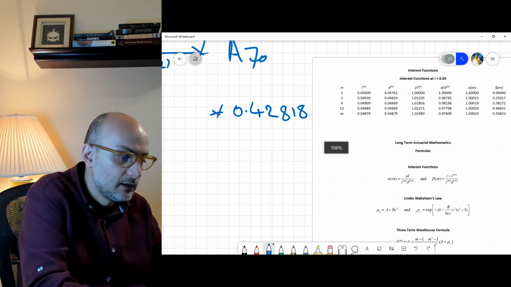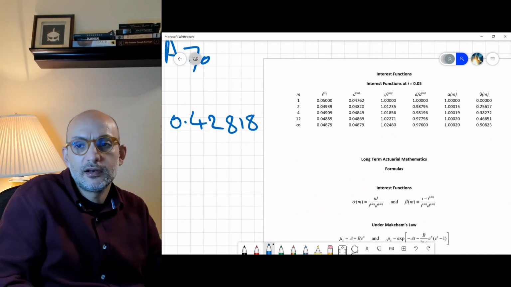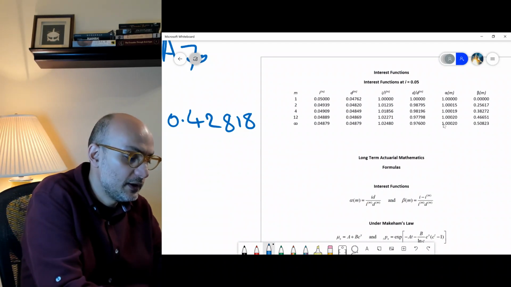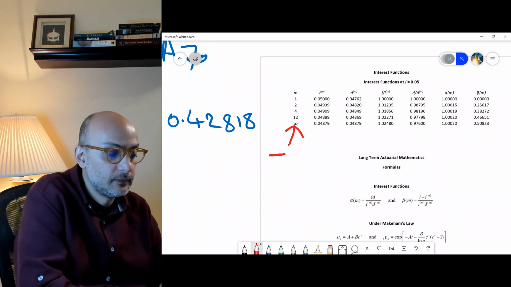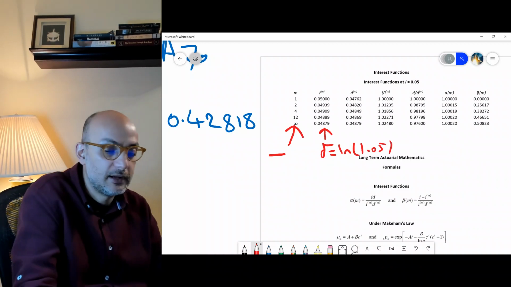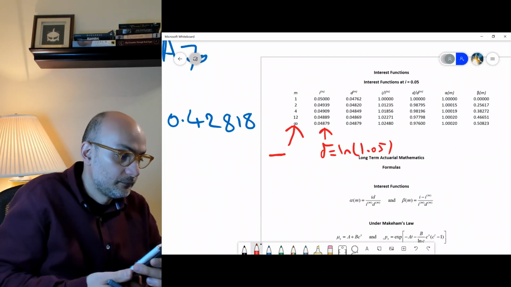Let me get it a little bit bigger. What you see here is they also give you the interest function for m different periods. This one here is the continuous case, so i^(m) here is actually delta. If you do ln 1.05, you should get it, right? Let's double check it. ln 1.05. See?